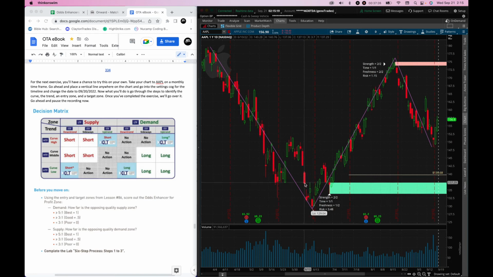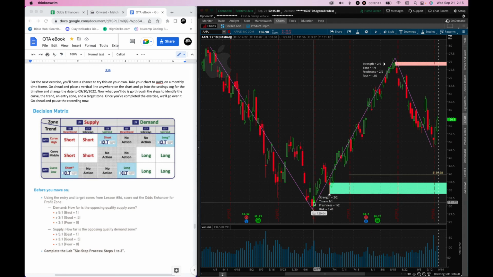So we see price coming down here, then it comes back up to this price point here. The high on this candle is 137.34. We have a move out of price from these basing candles, but it does not get beyond that price point. So strength would earn 0 points.